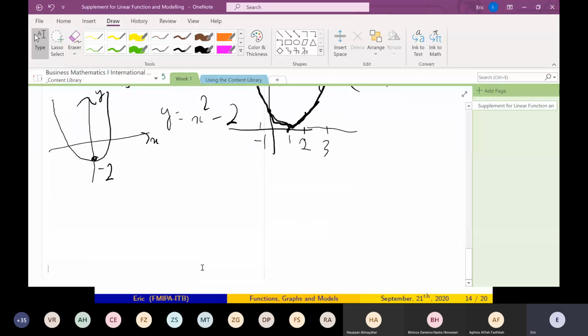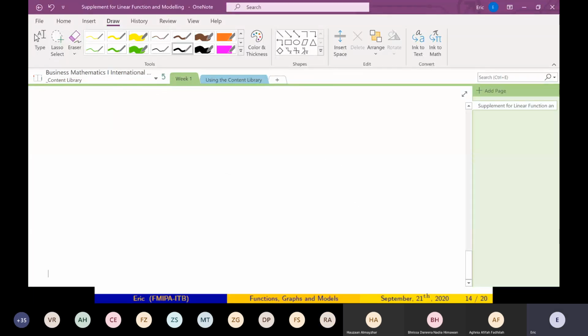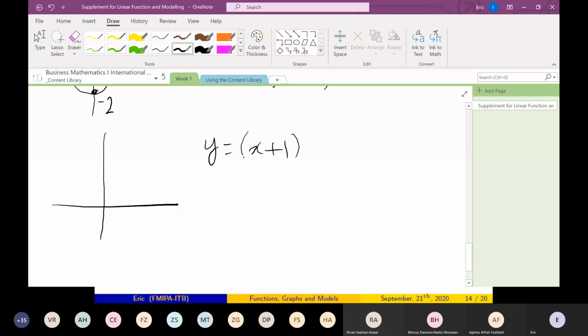So what about this one? I can choose when x equals minus 1, it will give you minus 1 plus 1, which should be 0.